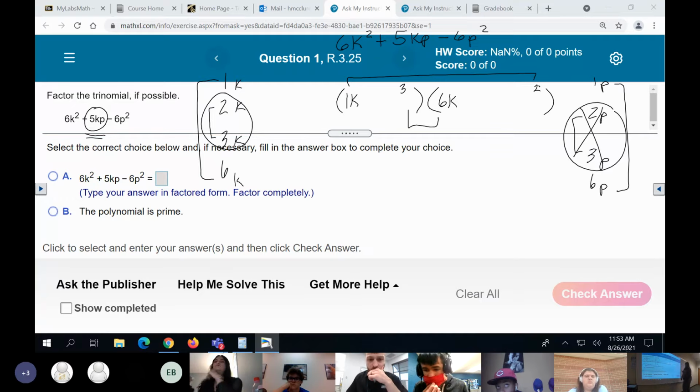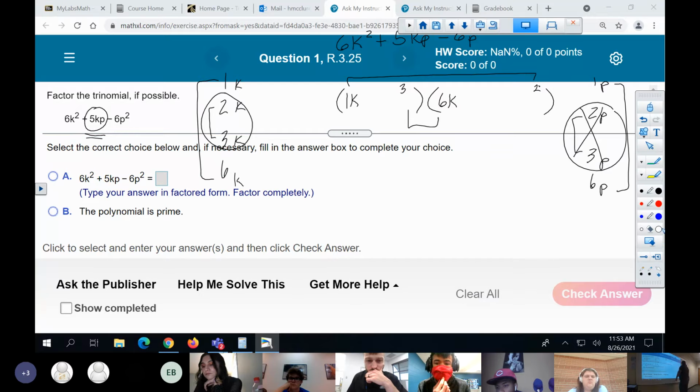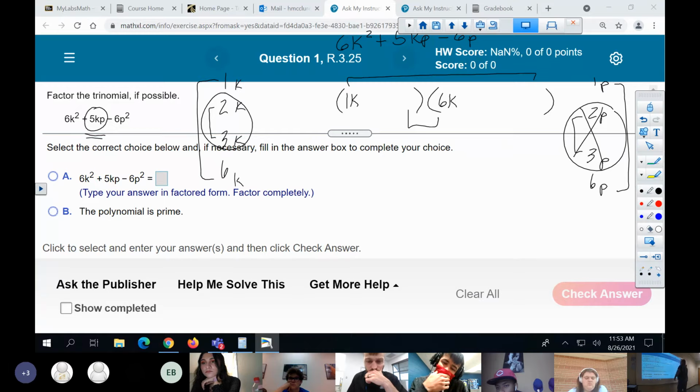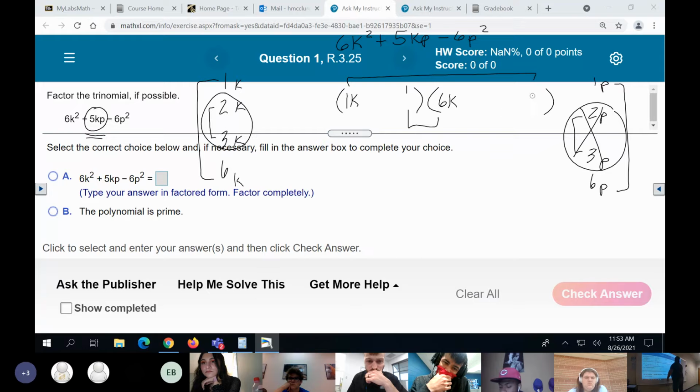So I'm going to change this. I'm going to go to 1 and 6. So I'm going to put a 1 here and a 6 here. Will 6 and 6 ever give us a 5? Yes or no? Nope.